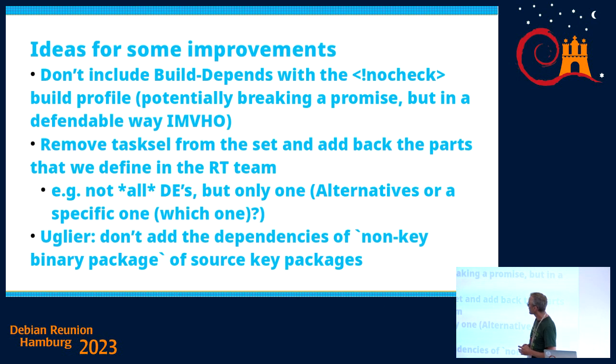One of the things that I really want to implement soon is, for key packages that have their build dependencies properly annotated with the nocheck build profile, to remove those build dependencies from the key package set. We have used this trick already a couple of times during the bookworm preparation to remove stuff that didn't get fixed, by manually cutting it at that level, or at least threatening to, which was enough.